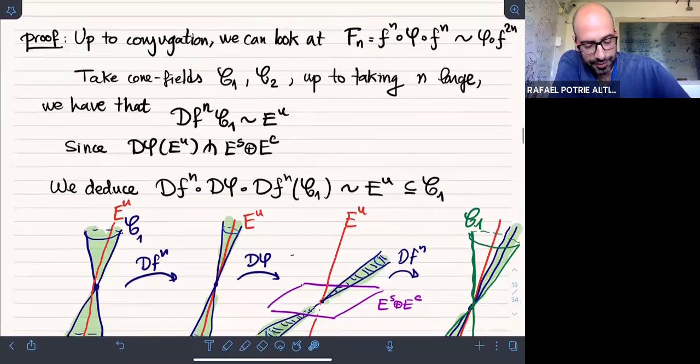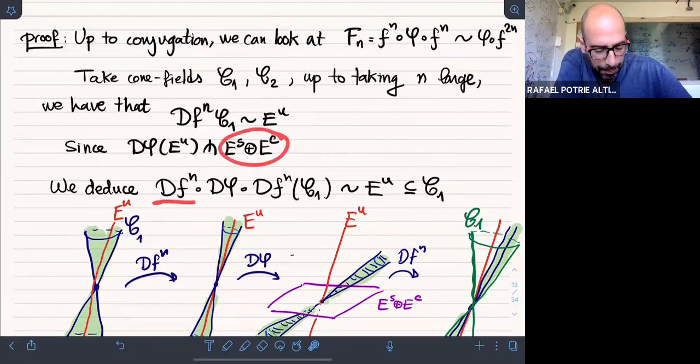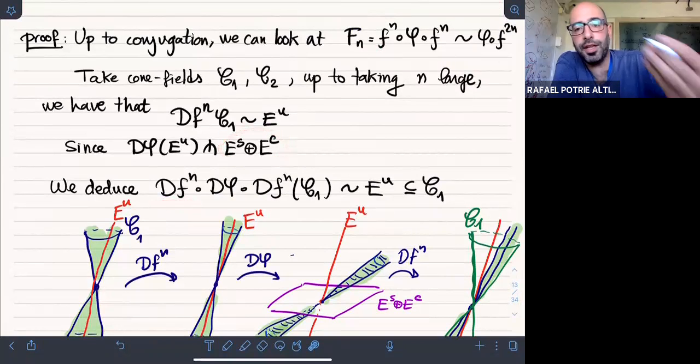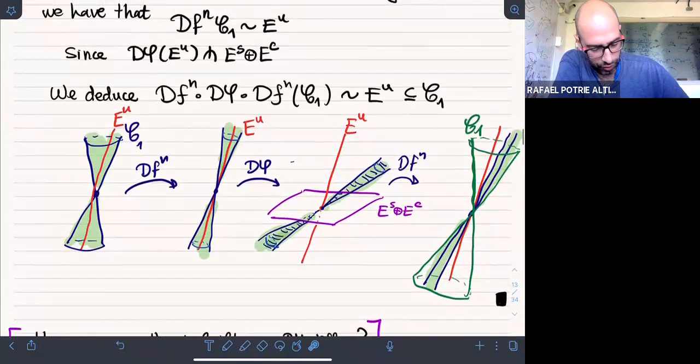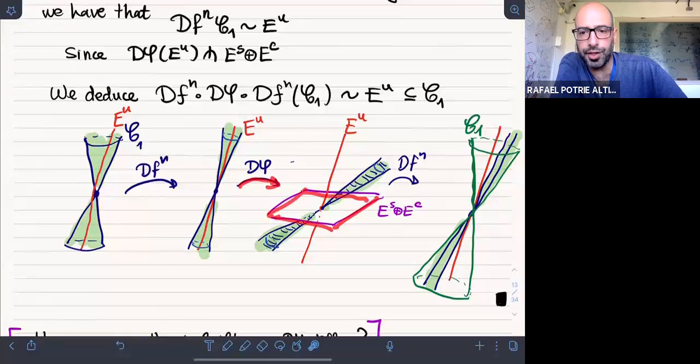And then, since it's transverse to this, if you apply f sufficiently many times, you will again be inside the cone. So let me make this as a drawing. You start with the cone field C1, you apply df to the n sufficiently many times, and then you have a very narrow cone field here, which you know phi will make transverse to the center unstable direction.